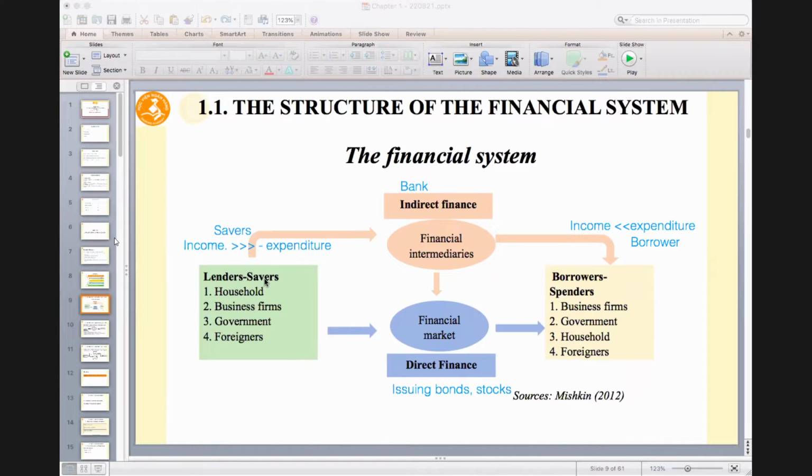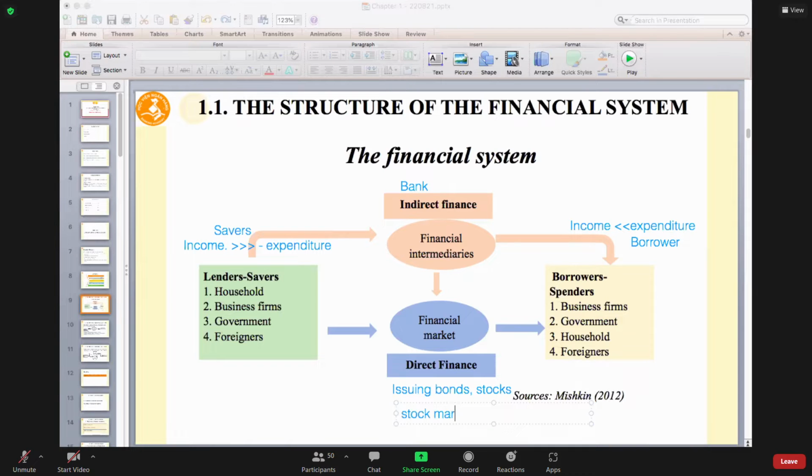The people who have money will buy the bonds and stocks. So where do they buy the bonds or stock? On the stock market or bond market.